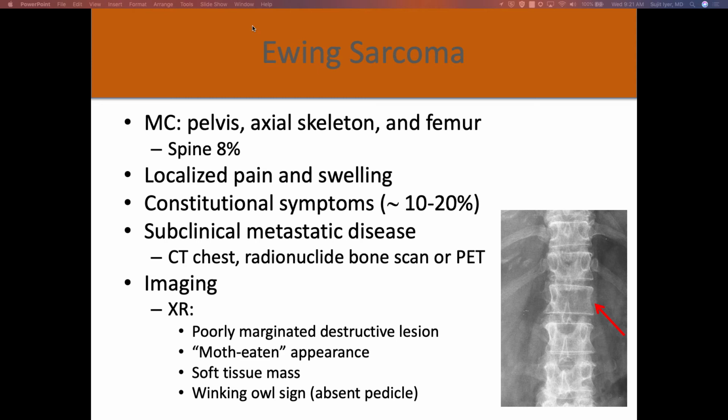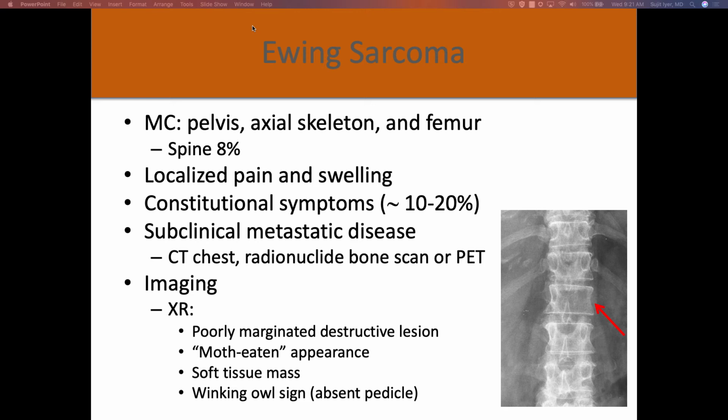If there is concern for Ewing sarcoma, there is high concern for metastases, and so even early on you will get a CT of the chest just to make sure there are no subclinical or early signs of metastases, and then further imaging follows after the CT.